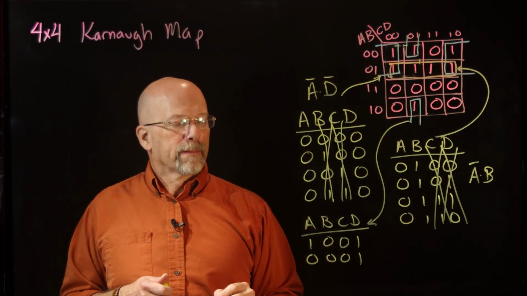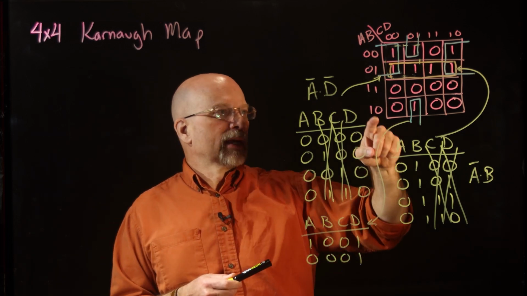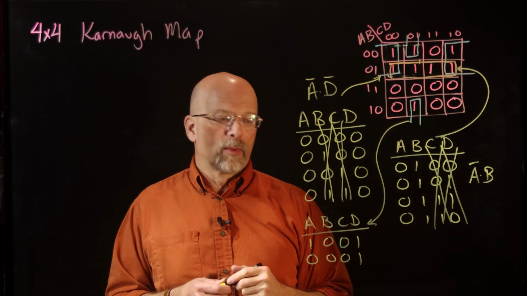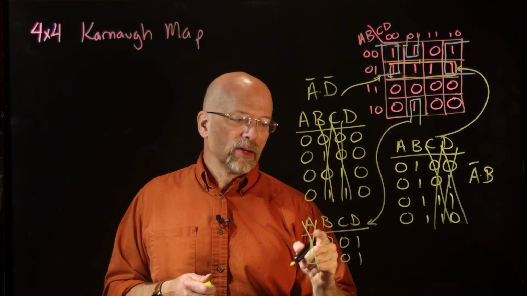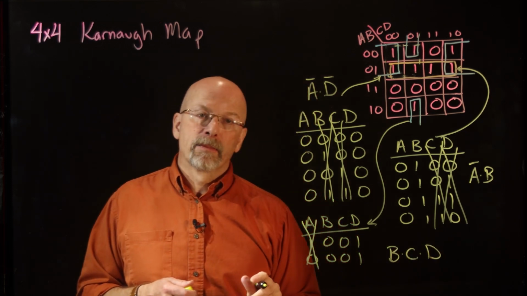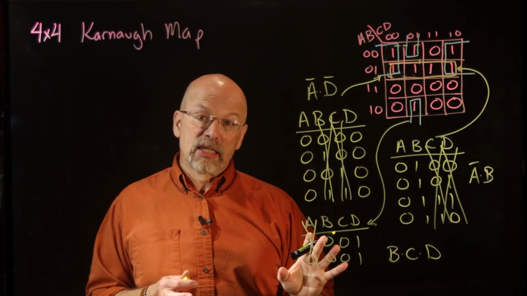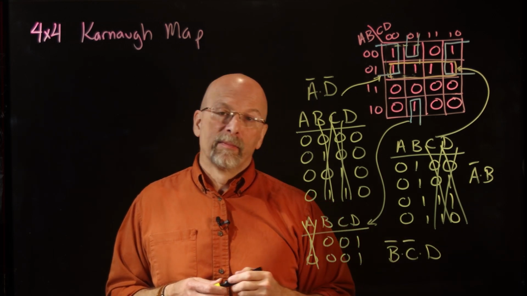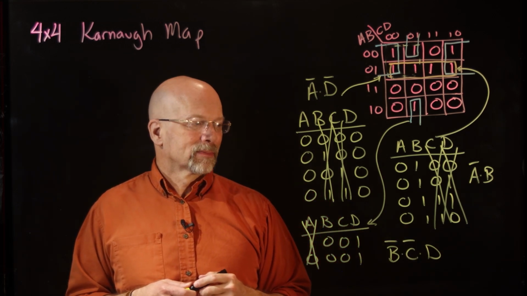What drops out? Well, it looks like A is the only thing that changes between the top row and the bottom row. So it's going to drop out, leaving us with the term B ANDed with C ANDed with D. What needs to be inverted? Well, B needs to be inverted and C needs to be inverted, and there's our product.